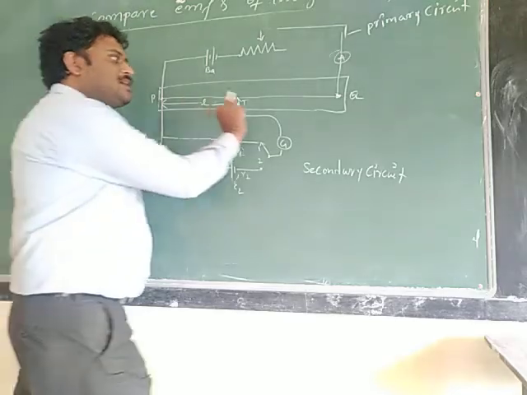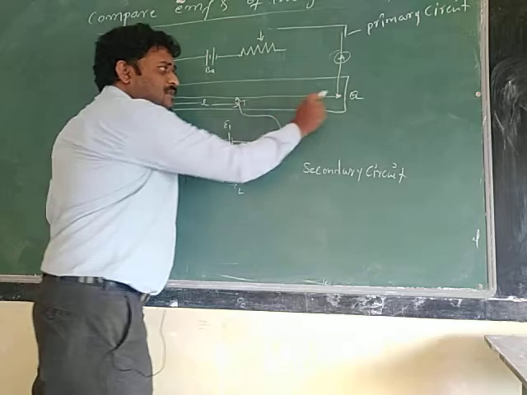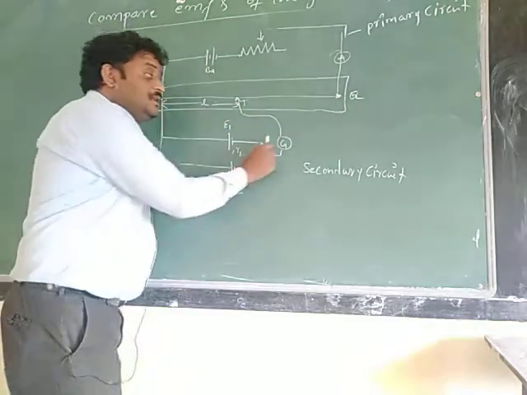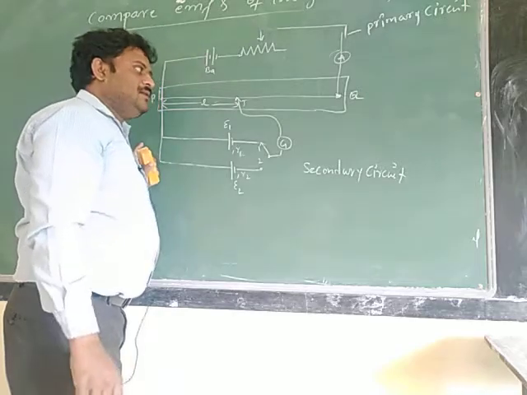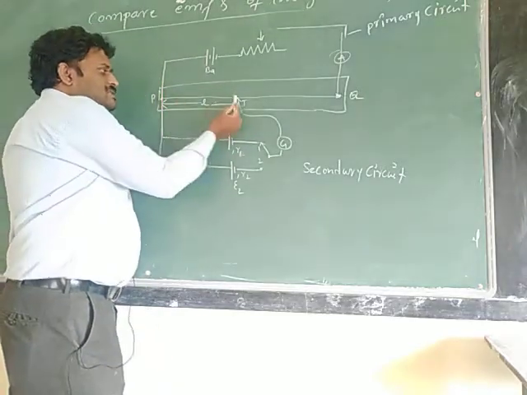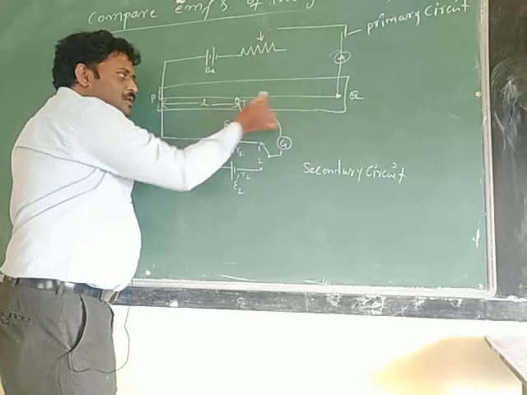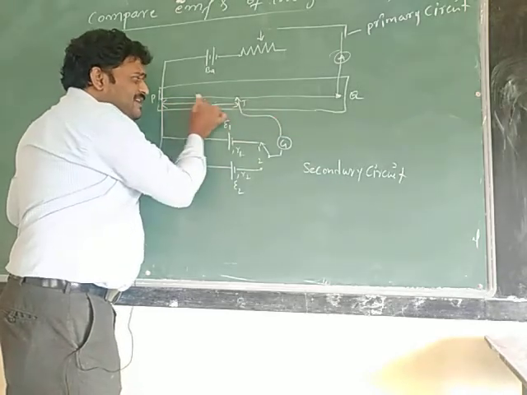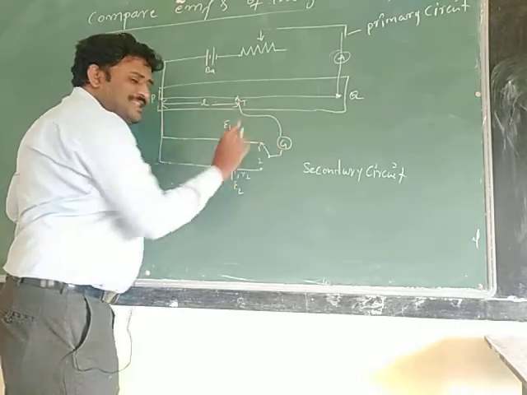And if you place the same jockey at the other end, at the point Q, the galvanometer will show a deflection in the opposite direction. Finally, as the jockey slides over the wire from P to Q, somewhere between P and Q the galvanometer will show a null deflection.